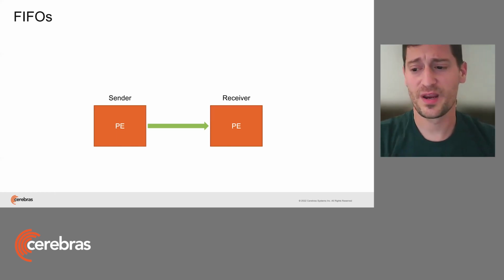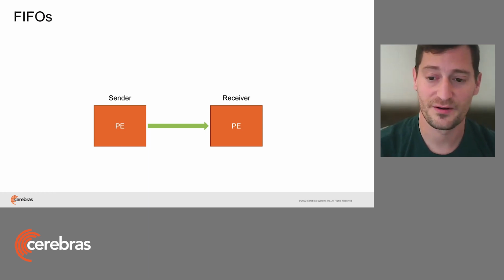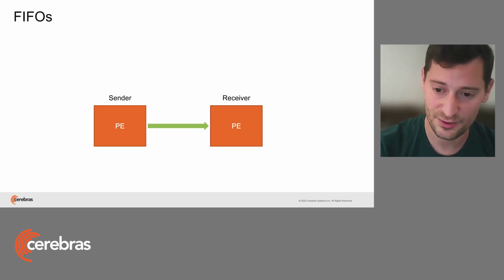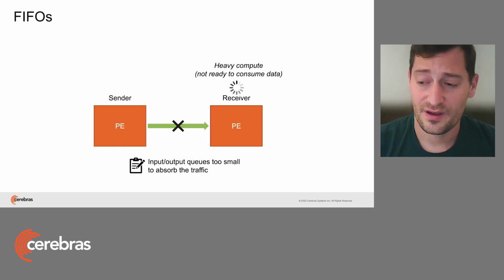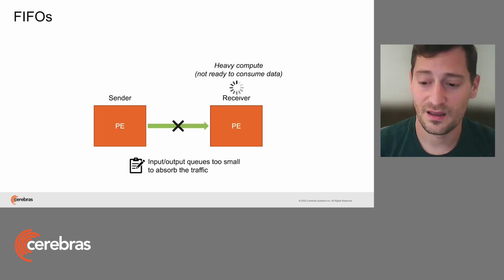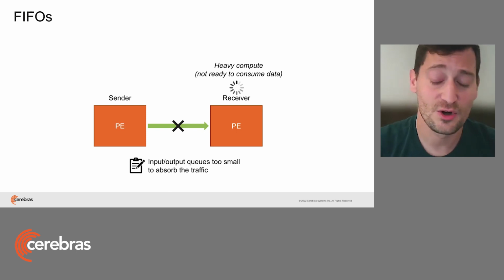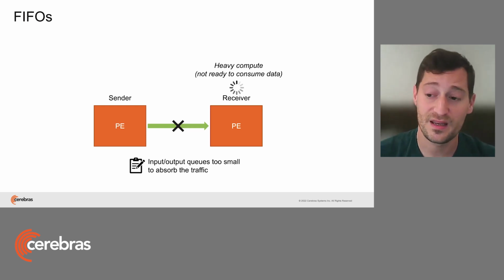Let's assume that we have two PEs communicating with each other, one PE sending data to another PE, as you see here. What if the receiver PE has some heavy computation, which means that it's going to take a while until the receiver PE will be able to actually receive the data sent by the sender.